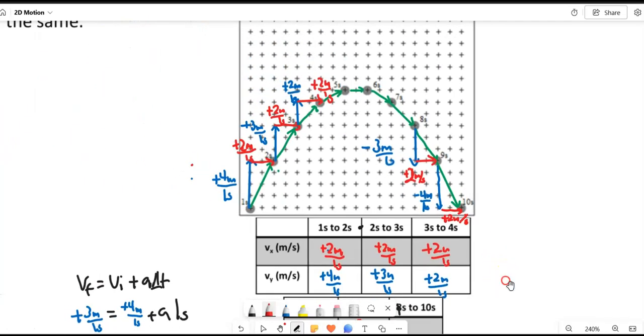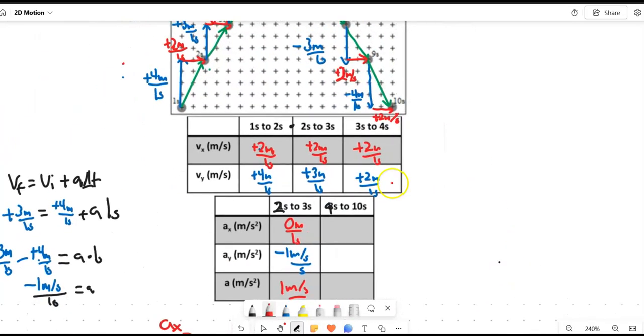So what you find out, again, the difference between the x direction speeds is the same, so that the difference would be 0. And the difference between this -1 meters per second and the -4 meters per second is +3 meters per second over that 1 second time change.